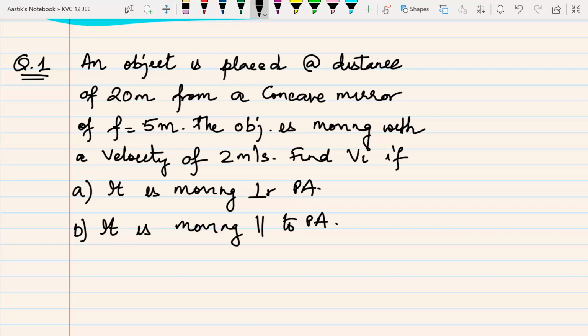2/3 meter per second. In which case? Case number A or case number B, my dear friend? A. How much? 2/3 meter per second.